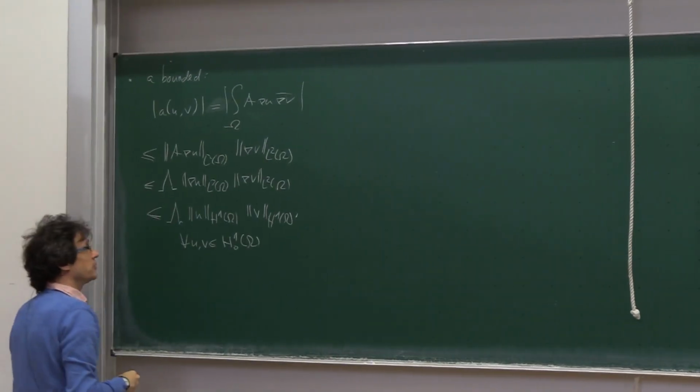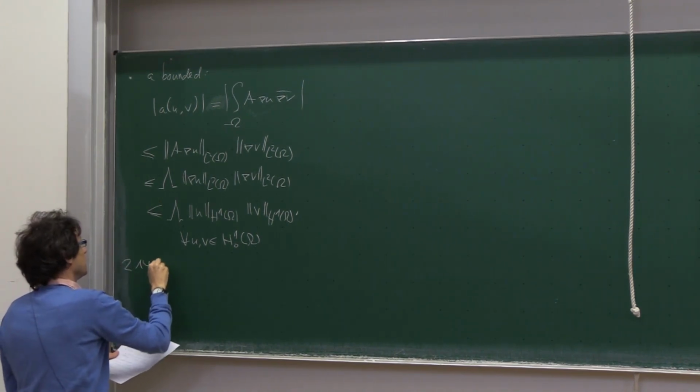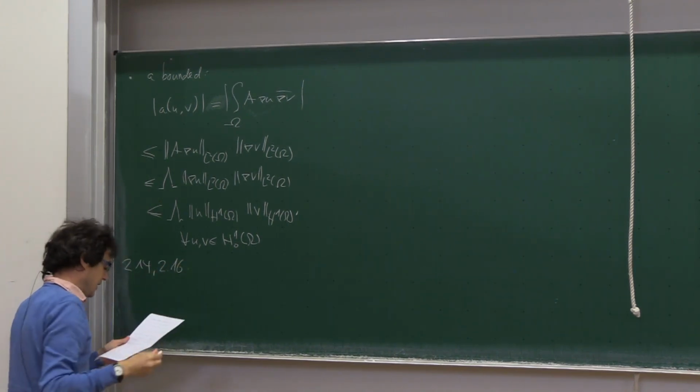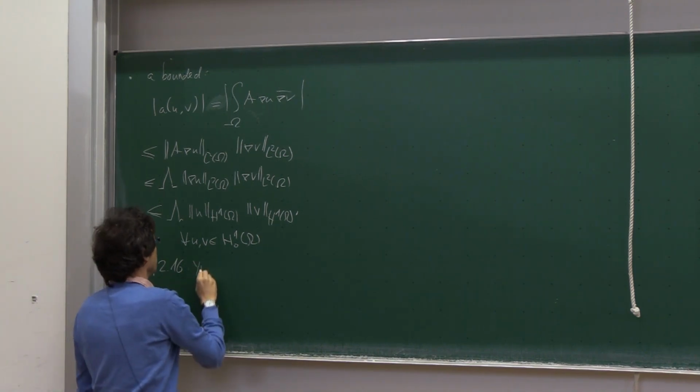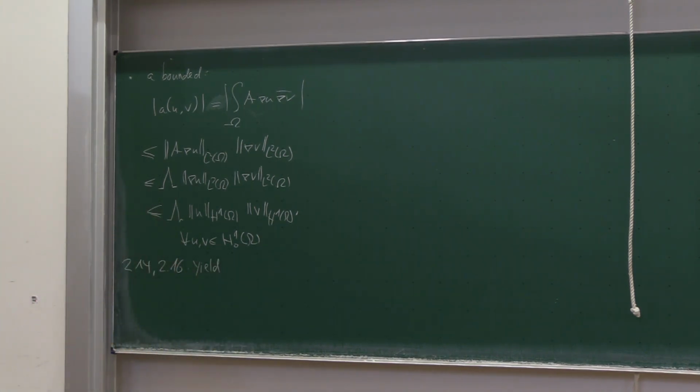Once you have a bounded form, the theorems or remarks 2.14 and 2.16 now give us two operators. This was the main thing about last week. Once you have a bounded sesquilinear form, you get for free two operators.